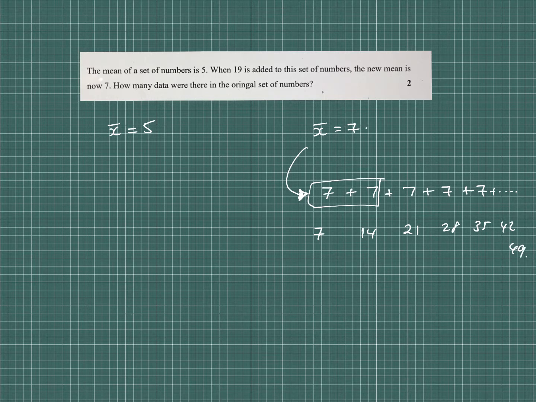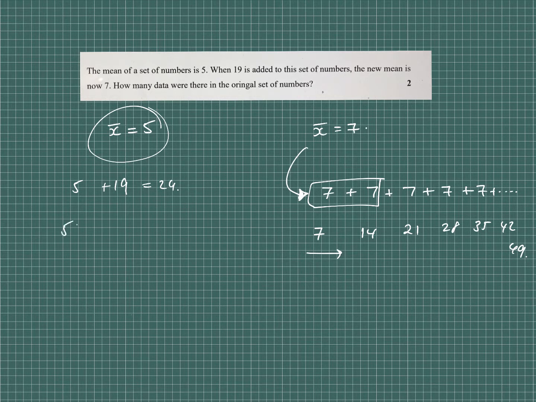Now, you might be thinking, where am I going with this? Well, if I've added 19 to a set of numbers with an average of 5, I want to make one of these numbers. So let's say, for example, I have one number of 5. When I add 19 to it, 5 plus 19 equals 24. That's not going to be very nice.